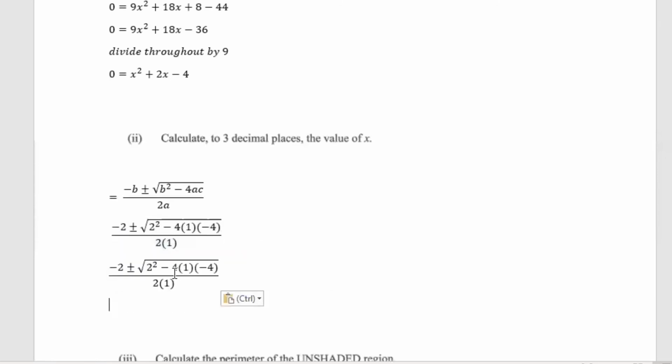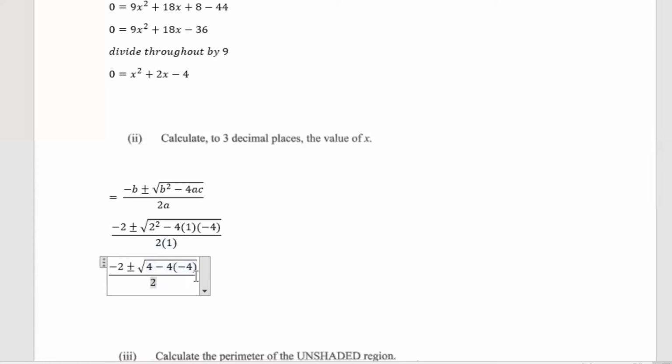So when we do that, what we know is that right here, 2 squared will give us 4, and 1 multiplied by negative 4 will leave us with a negative 4. So we now have 4 multiplied by negative 4 there, and 2 multiplied by 1 will leave us with 2 there.